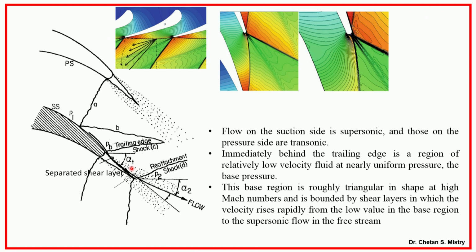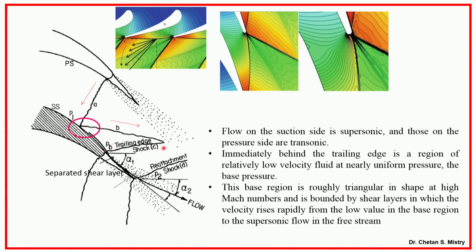Now, let us try to understand this case. Suppose this is my representation. Here, I will have a shock placed here, and it moves onto my suction surface. If we look here, this is my shock, starting from my trailing edge and moving towards my suction surface.